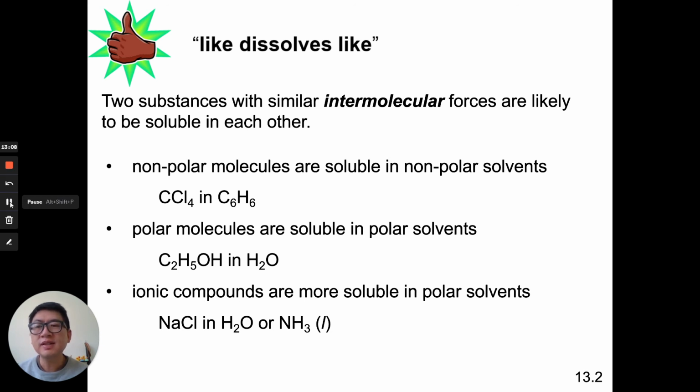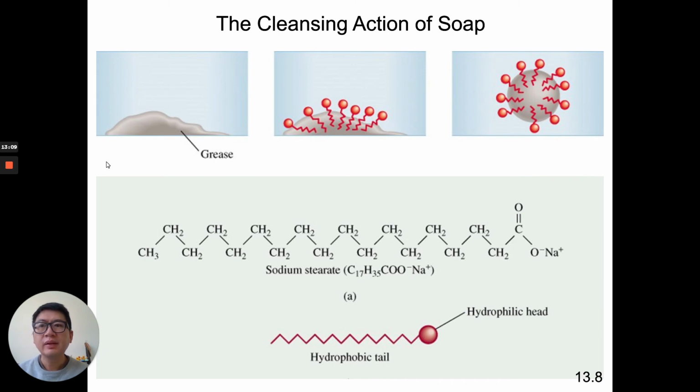I'll pause for a second. Okay, I wanted to show you this. This is actually later on in the notes, but I want to show you now how soap works. This is a large picture of the Lewis structure of a soap molecule.